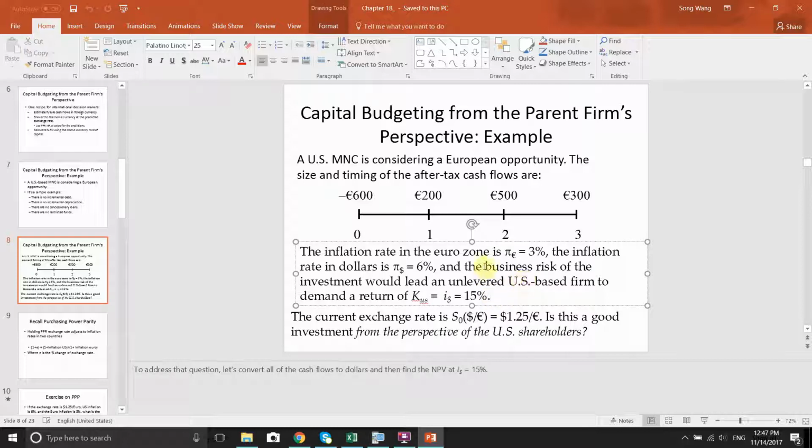So basically, the business risk of this investment would lead to a demanded return of 15%. For such an investment, risk is estimated first, and then investors require a 15% return. If investors require a 15% return, the firm has to pay 15% to attract investors. If they do not pay it, there's no capital injected into this business.